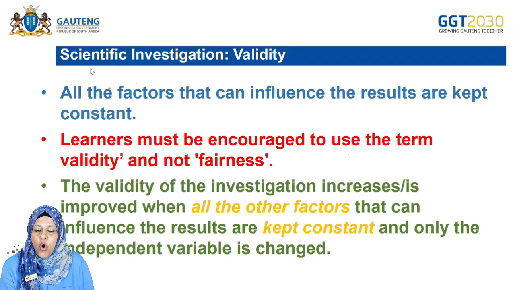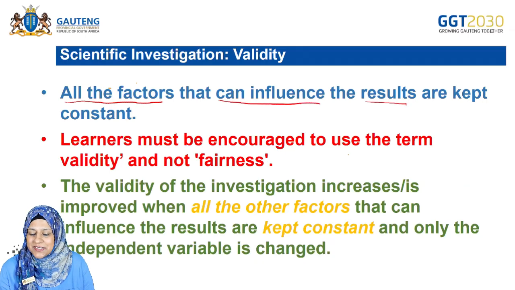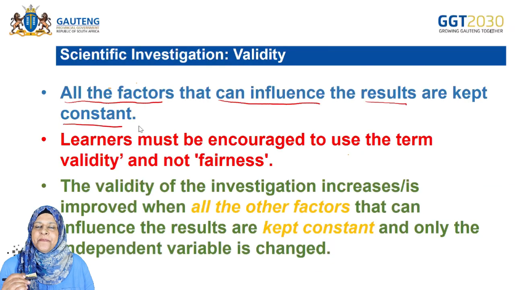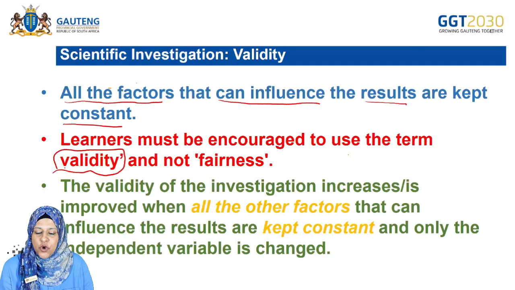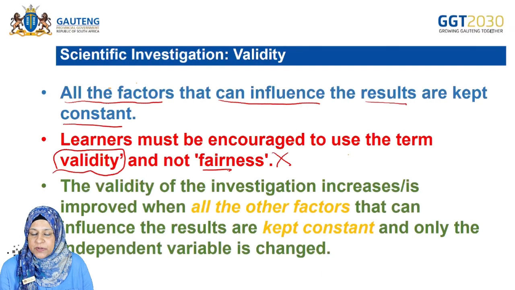All the factors that can influence the result must be kept constant, so that if we are investigating a certain aspect, that aspect alone must be giving us the results, not any other factor that can change the results. So you must be encouraged to use the term validity, and we don't use the term fairness. Please stay away from that.